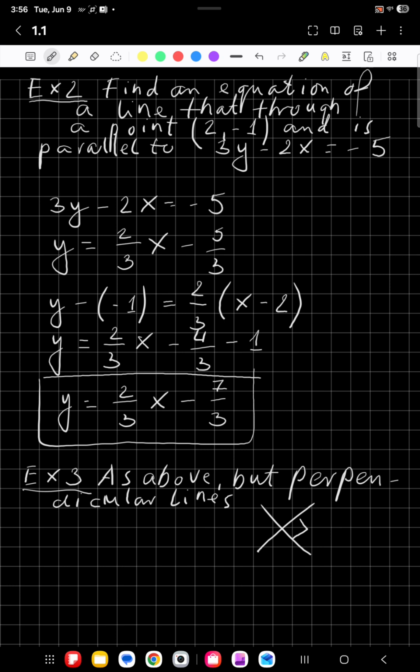So if I have some equation and the slope is, let's say, m, then the line that's perpendicular is going to have a slope of negative, so opposite, and then reciprocal, so 1 over m. Okay, so in our case, if the original slope was 2 thirds, let me write it here.